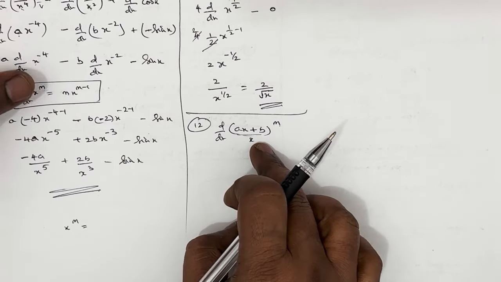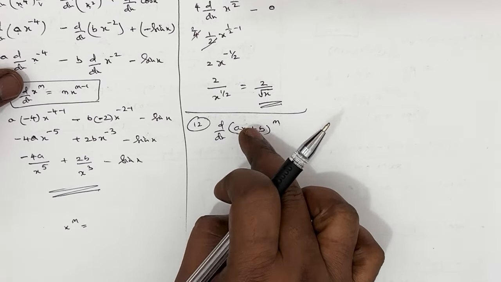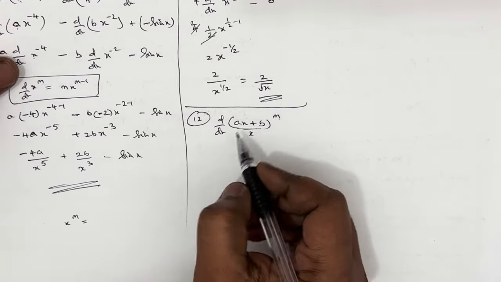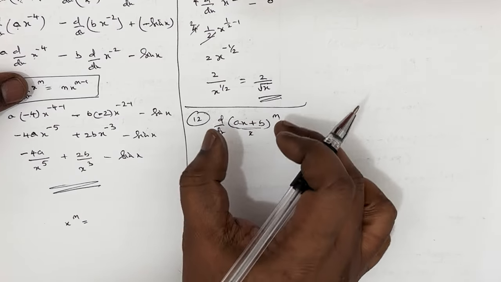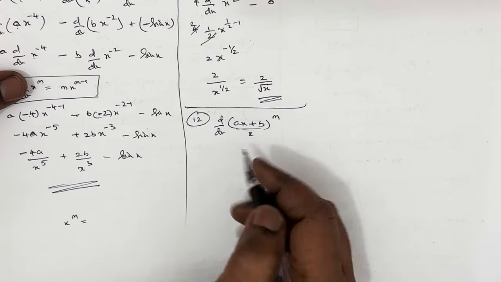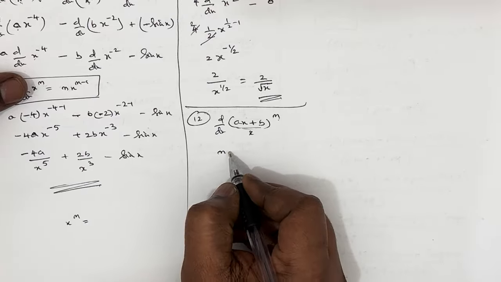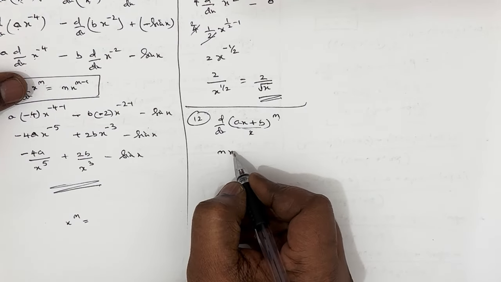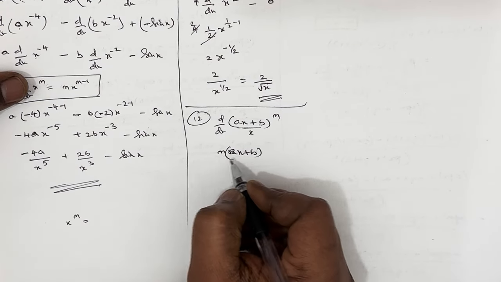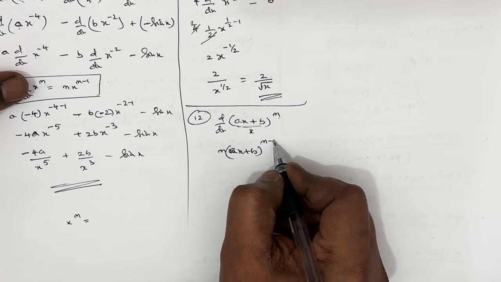Here we have to use the chain rule, because since we are assuming this to be x, we have to differentiate this again. So that's chain rule. So let's first differentiate this, assuming this to be x. So this will be n into x raised to n minus 1, where x is ax plus b, so n into (ax plus b) raised to n minus 1.